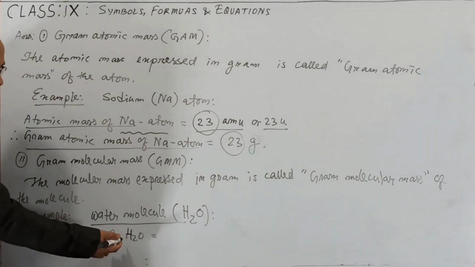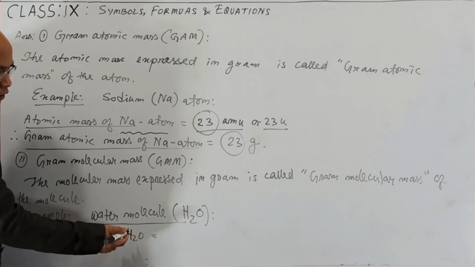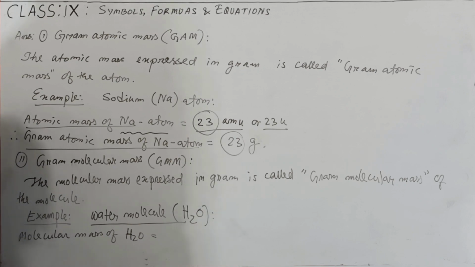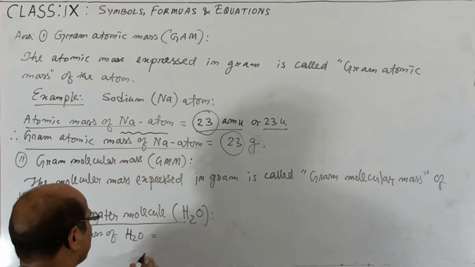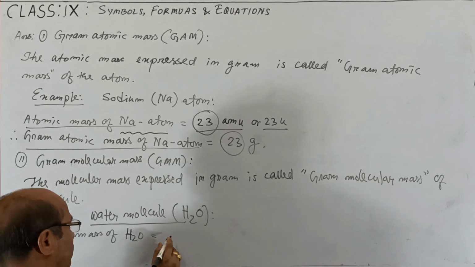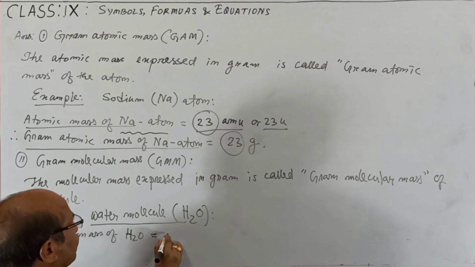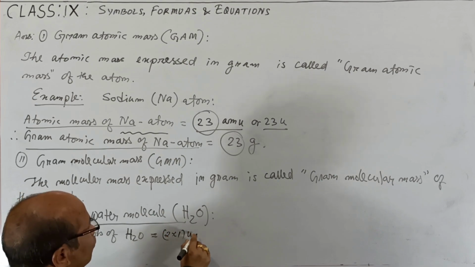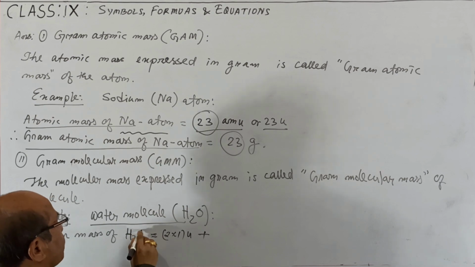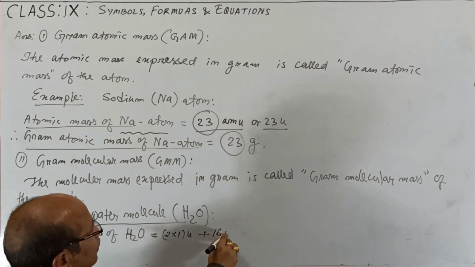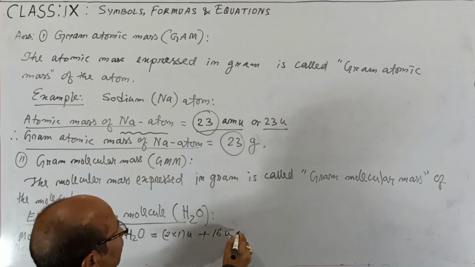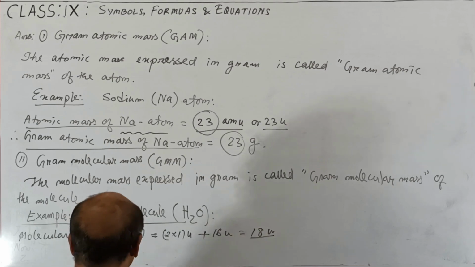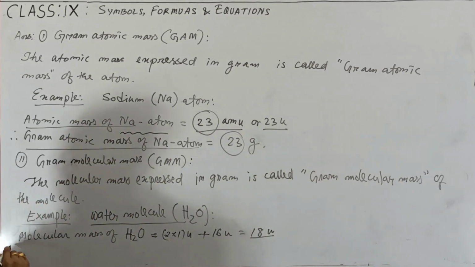Water molecule is constituted by combining 2 atoms of hydrogen and 1 atom of oxygen. Altogether there are 3 atoms. Since the atomic mass of hydrogen is 1, for 2 hydrogen atoms we have 2 into 1 U, unified unit, plus atomic mass of oxygen, which is 16 U. This also you have to get by heart. Then 2 plus 16 means 18 U. This is the molecular mass of water.